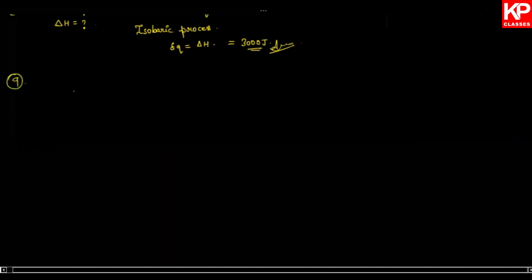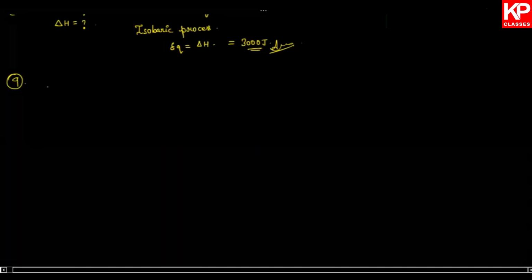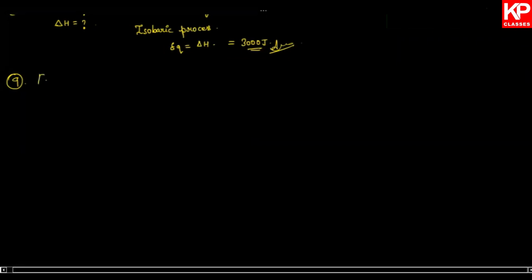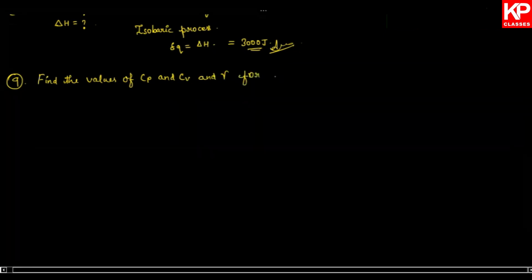All right. Write down another question. Question number 9. It is just the continuation of the first question that we have done. Find the values of Cp and Cv and gamma also, for nitrogen, from the above data.